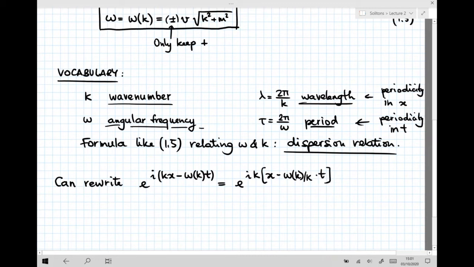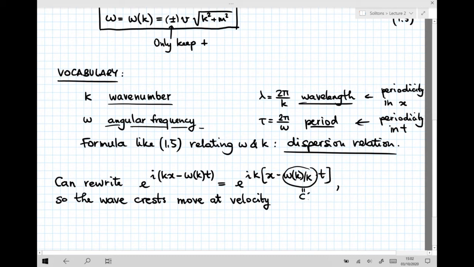So this tells us that the wave crest, which we can think of as the maxima of, say, the real or imaginary part of this oscillatory exponential, move at the velocity which is given by the coefficient of t in the combination x minus velocity times t. And so we'll call this velocity c of k.